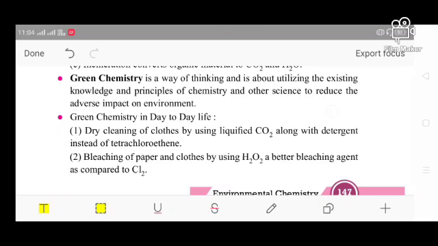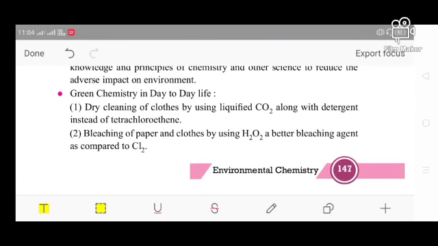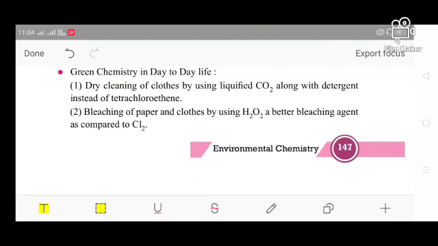So we have to now think over it, we have to now check over it. So green chemistry is the way of thinking and utilizing the existing knowledge and principles of chemistry to reduce the adverse effect of chemistry on the environment.